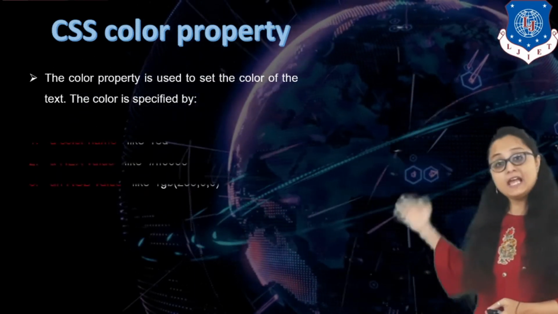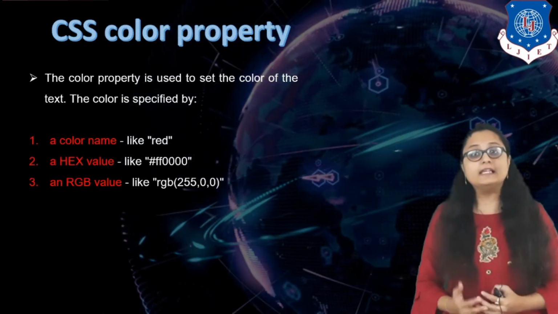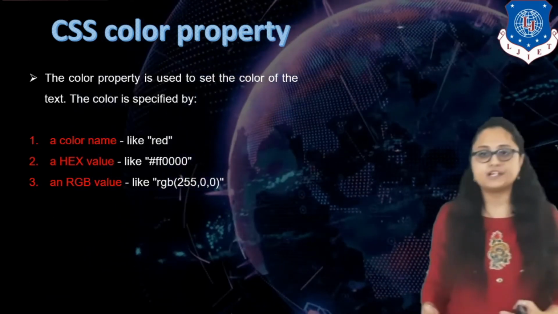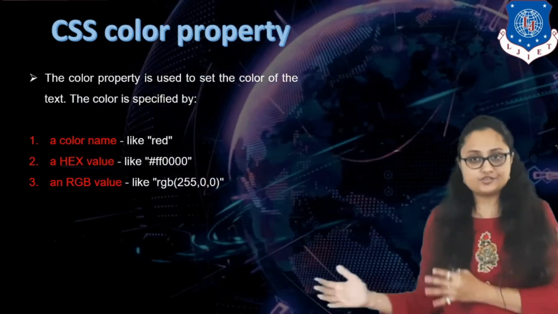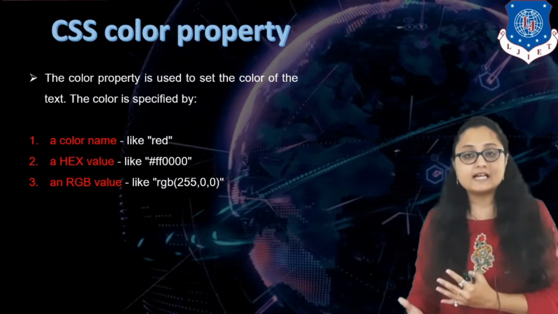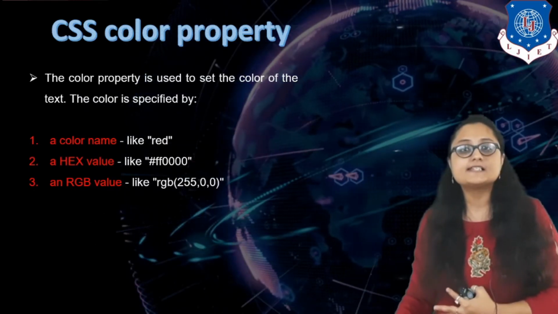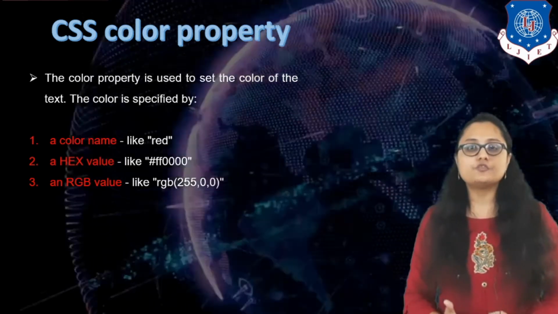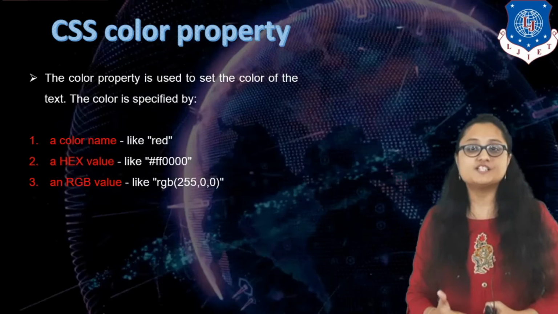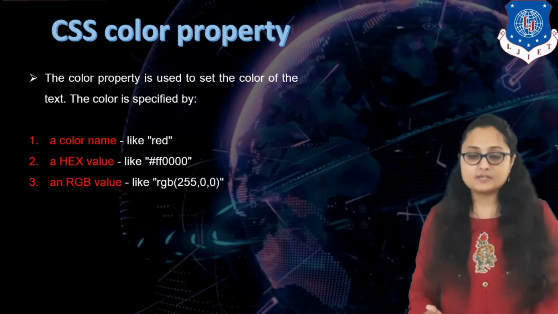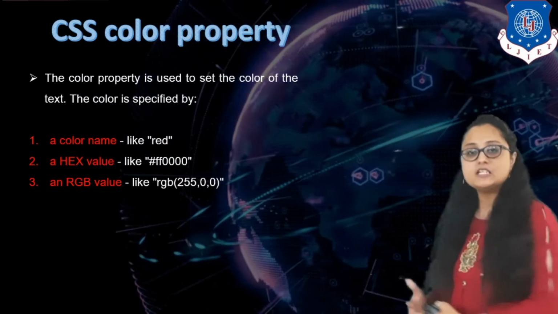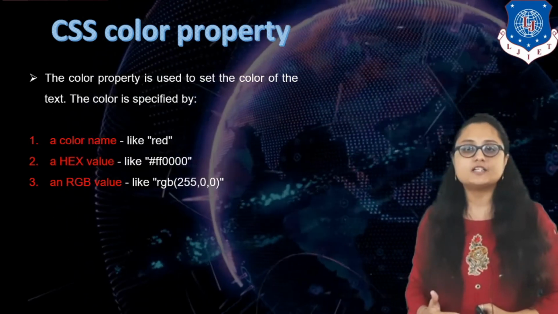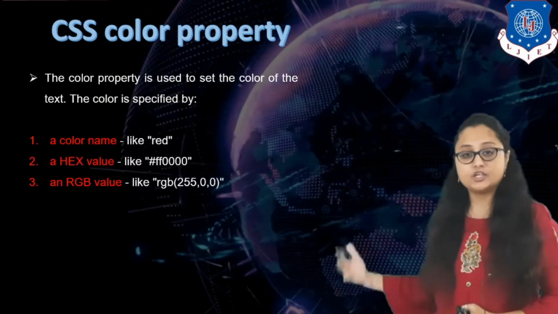If you want to specify color for any element's inner text, for example, if you have a paragraph and you want the text inside the paragraph to be displayed in some color other than the default. The default color for every element in HTML is black. If you want to change that default color, you have to explicitly set either the font tag in HTML, or you can set the CSS color property.